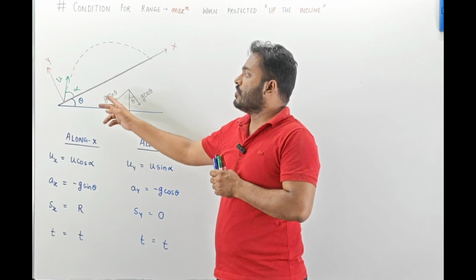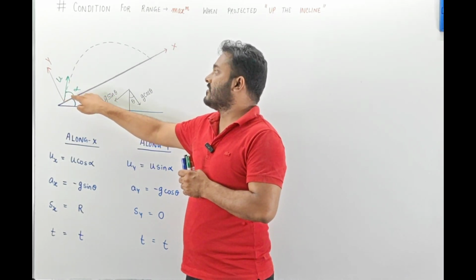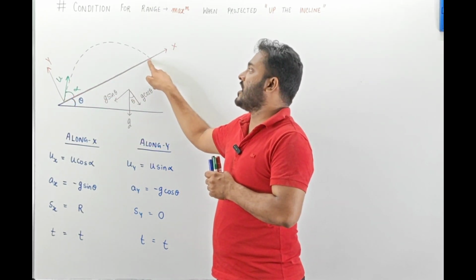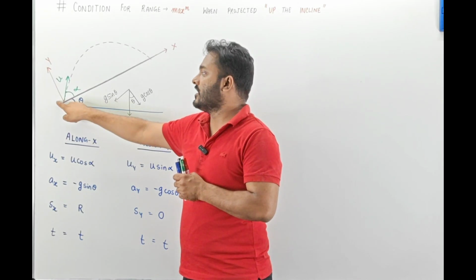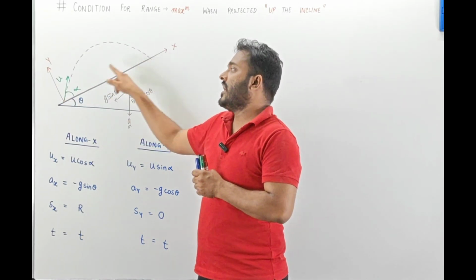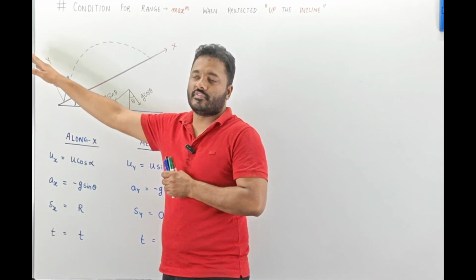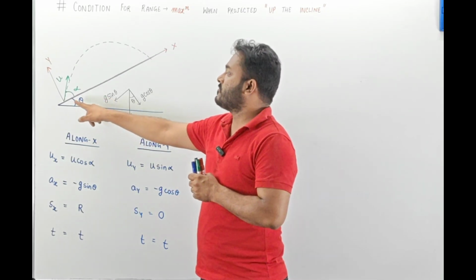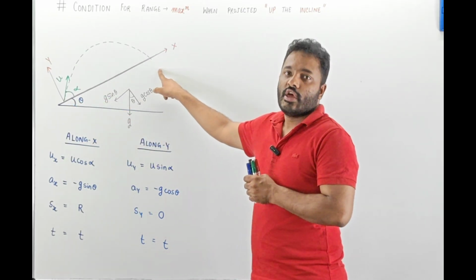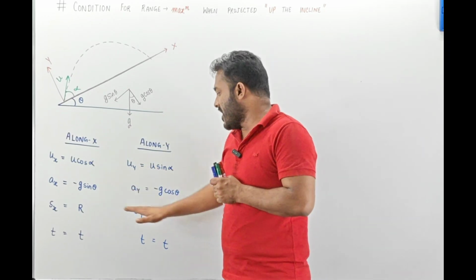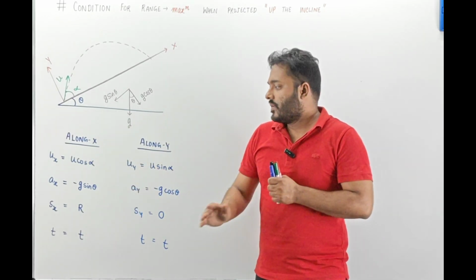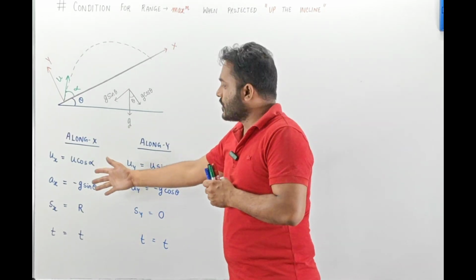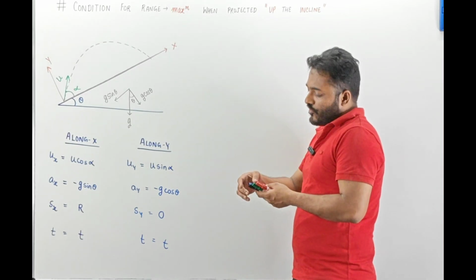Now in this scenario, since along y-axis there is not going to be any motion once the projectile is completed from here to here, and considering this as the y-axis, we can say displacement along y-axis to be 0 and displacement along x as range. Now if we solve part by part, then we can obtain the formula for range. So let us first find the formula for range.